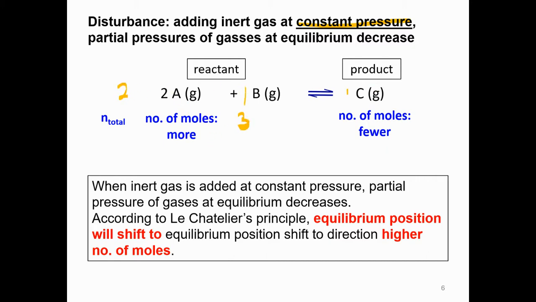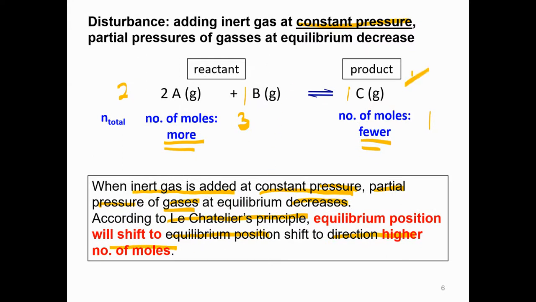So total 3, this one is only 1. So the reactant has more moles, the product has fewer moles. So remember, when inert gas is added at constant pressure, the partial pressure of gases at equilibrium decreases. So according to Le Chatelier's principle, the equilibrium position will shift to the direction which has a higher number of moles.